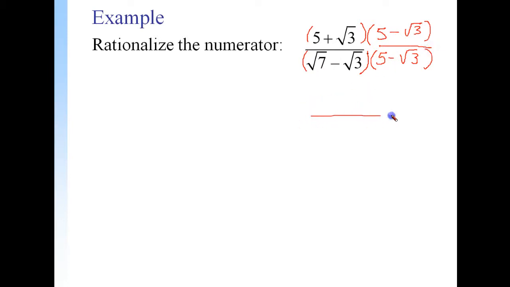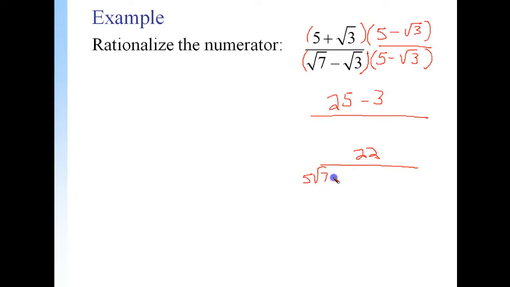So as we do our numerator, this is going to be 25 minus 3, which our numerator then will become 22. And now we do our bottom. So this is going to be 5, the square root of 7.